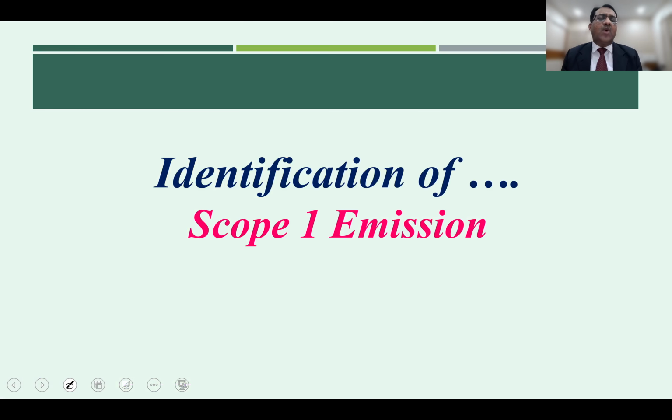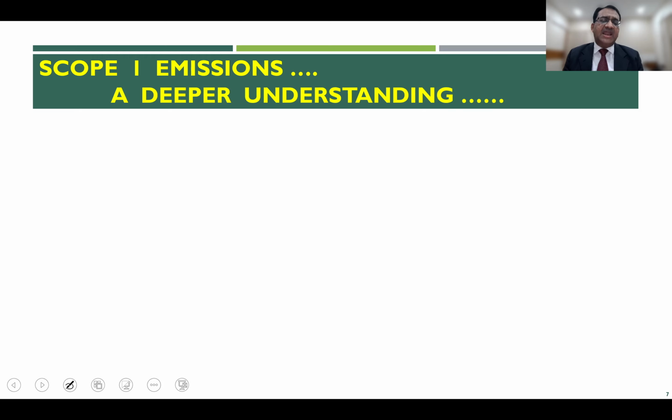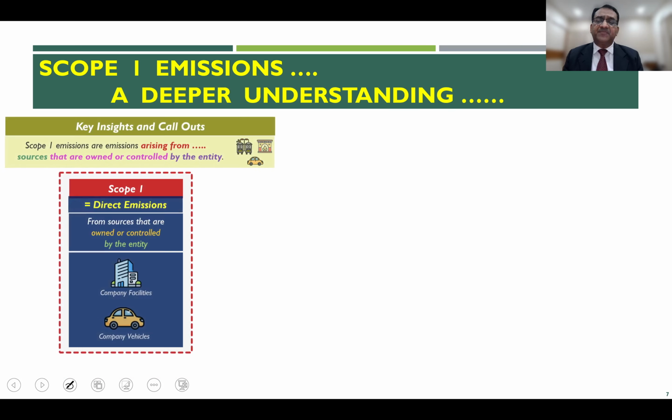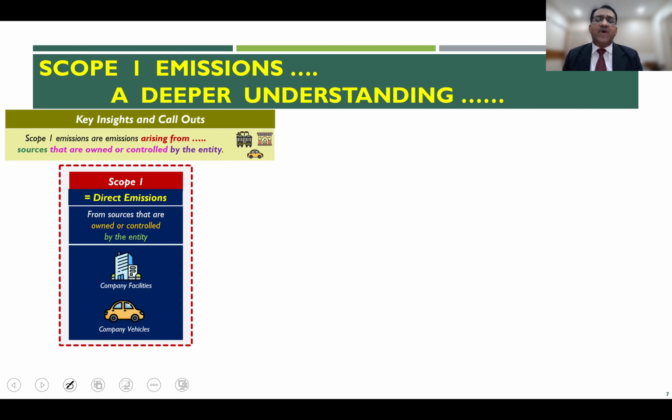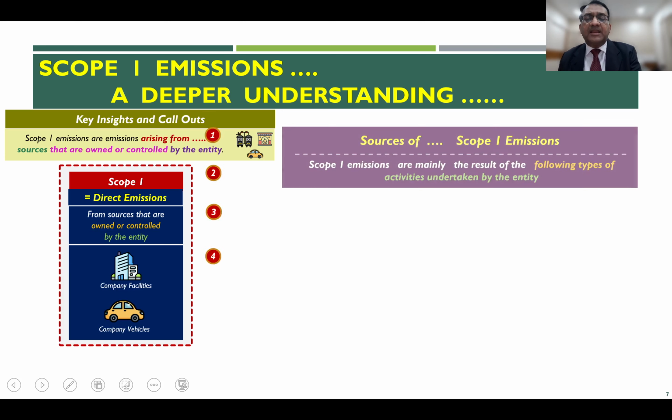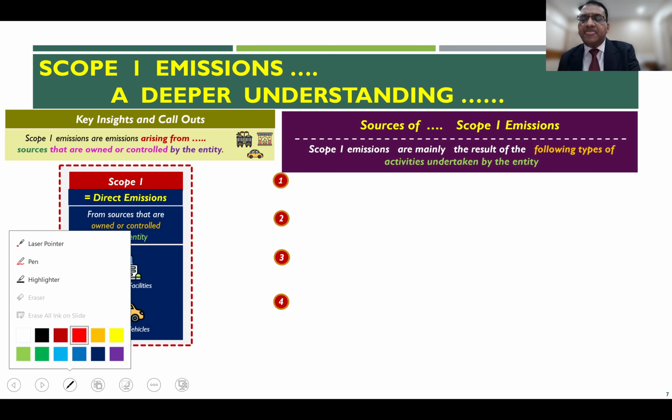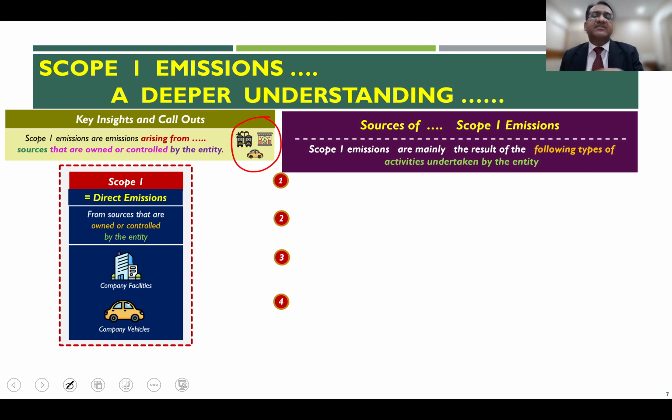So let us see what scope 1 emissions are in slightly greater detail. As we have seen already, scope 1 emissions are those which are emanating from direct emissions, from the sources which are controlled or owned by the entity. For example, if an entity has a boiler, we have already seen the example of a vehicle, let's say a boiler or a furnace that a factory has.